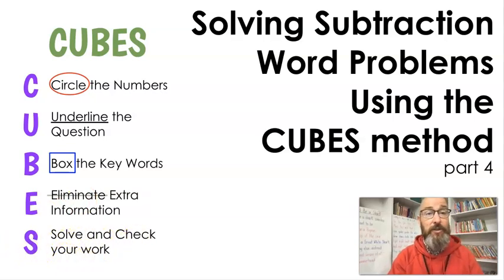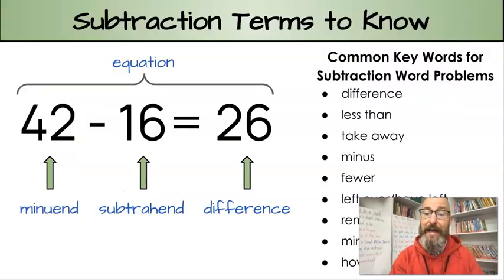And of course, since we're doing subtraction, there's some terms I want us to make sure that we know. This will help us understand subtraction questions because sometimes you'll see this language in there, and I don't want you to be fooled by it. So when you're solving a subtraction problem, you have the minuend, subtrahend, and difference. The minuend is the number you're taking something away from. In elementary school, it's usually the larger number.